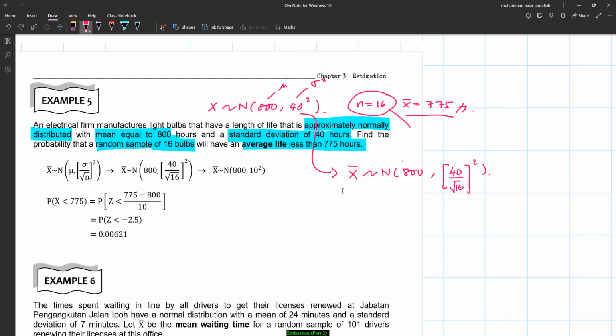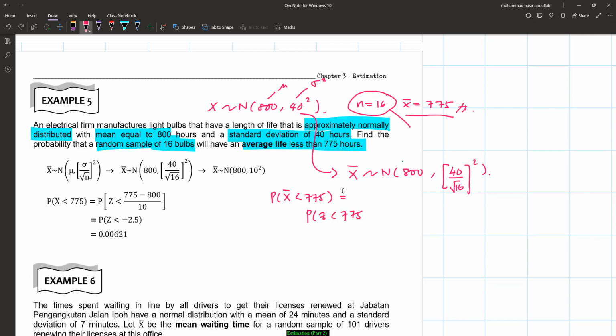So now, since we want to find the probability of x bar less than 775, we need to convert it to the z distribution.